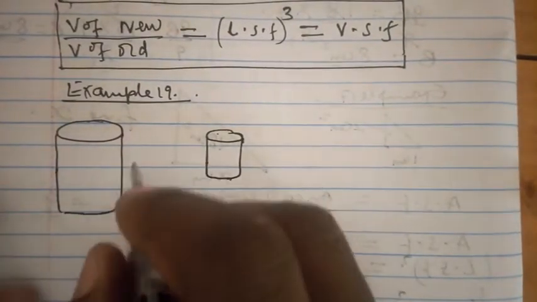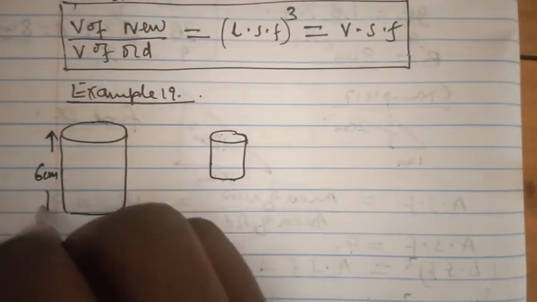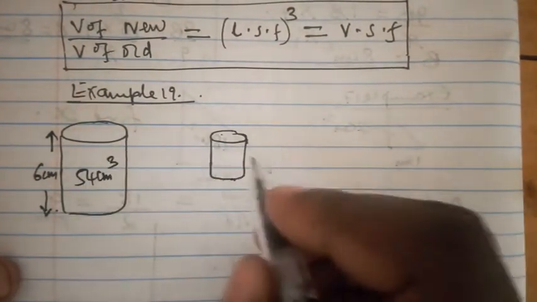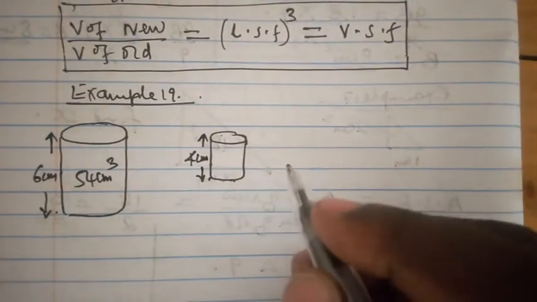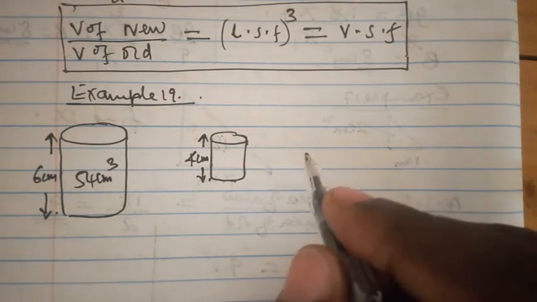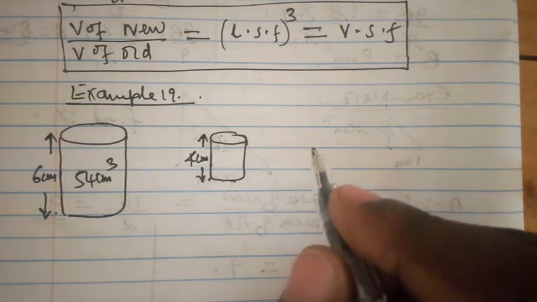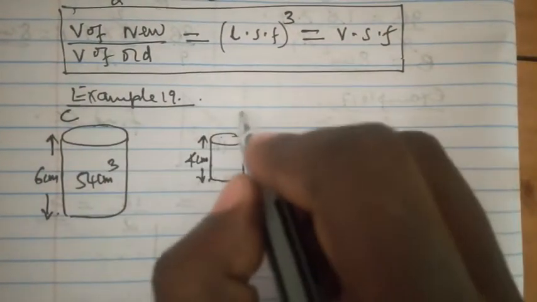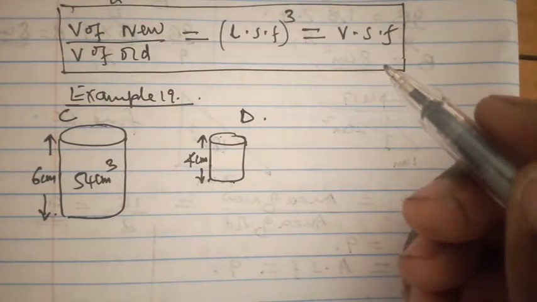This one is having a height of 6 centimeters and a volume of 54 centimeter cubed, and this one is having a height of 4 centimeter. The two cylinders shown are similar. They have to be similar. The volume of cylinder C is 54 centimeter cubed. Find the volume of cylinder D.